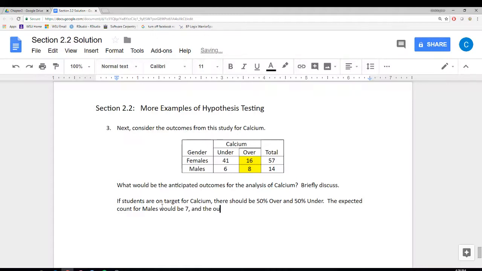And the outcomes here, 8 and 6, are pretty close to the expected.